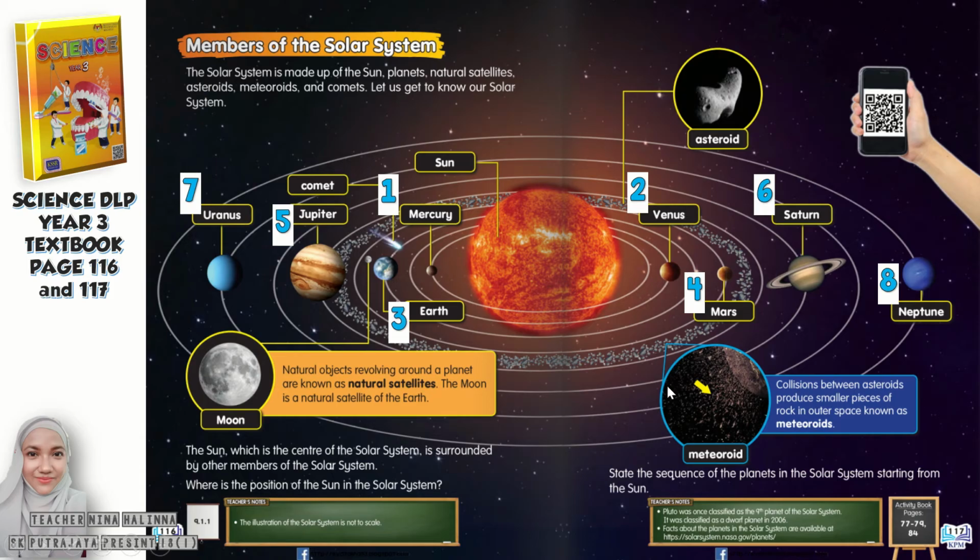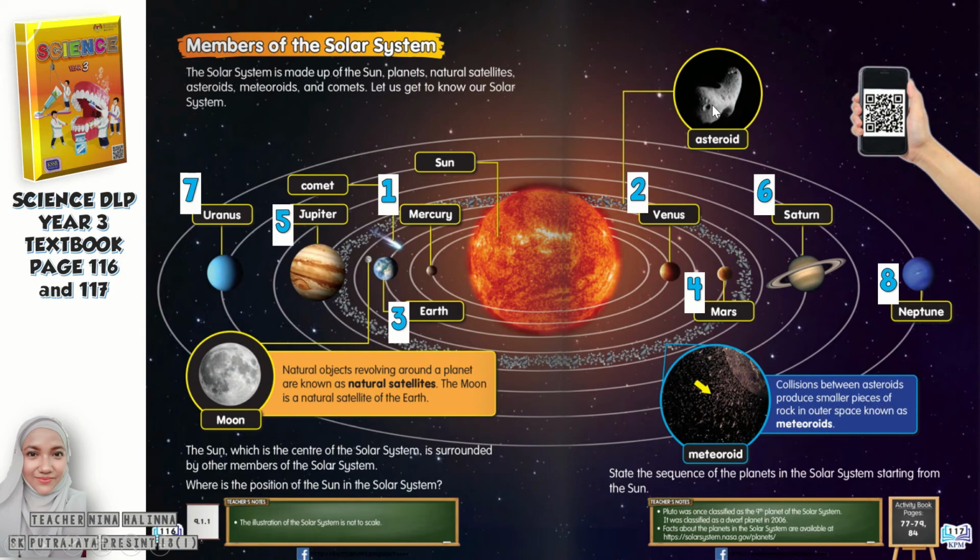Asteroids, and here meteoroids. Meteoroids are actually smaller pieces of rock in outer space. Collisions between asteroids produce smaller pieces of rock in outer space known as meteoroids. So actually, meteoroids are smaller pieces of asteroids.